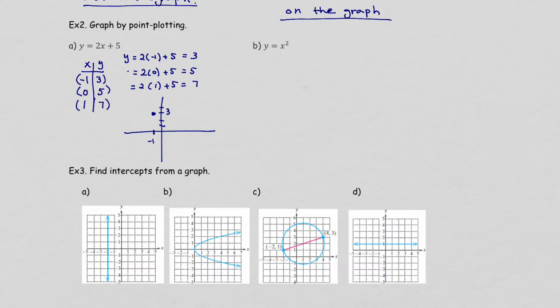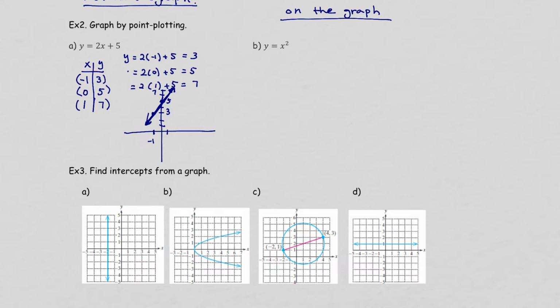And 0, 5, and +1, 7. Draw the straight line. That will be your graph for the given linear equation. And because those 3 points give you a straight line, you do know that will be the right graph.